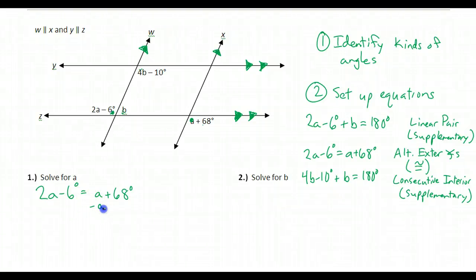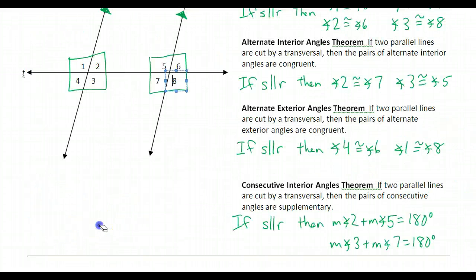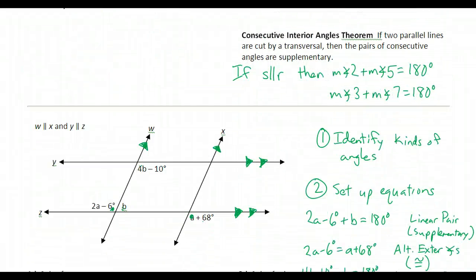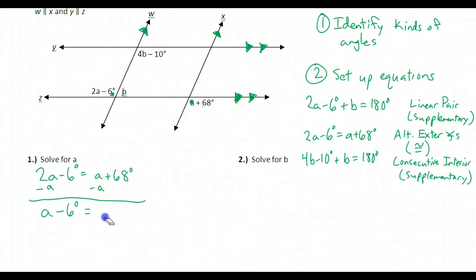Now I can solve for A. Add 6 degrees to both sides, and I'm left with A equals 74 degrees.